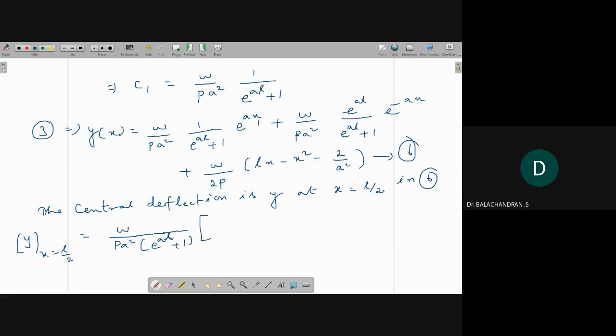Remaining you have e power AX, so e power AL by 2, and plus e power AL into e power minus AX at x equal to L by 2, so this is minus AL by 2. Okay, and plus omega by 2P into x equal to L by 2, which means L square by 4.